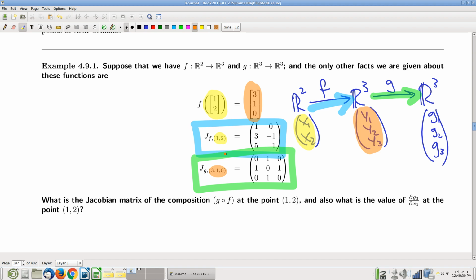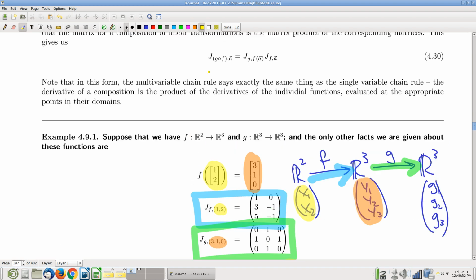Okay, so the question asks, what is the Jacobian matrix of the composition at the point 1, 2? Of course, it better be at the point 1, 2. That's the only point where we can evaluate the Jacobian of the composition, the only point where we have these other individual matrices. And I'm going to cite this rule up here, that the Jacobian of a composition is the product of the Jacobians.